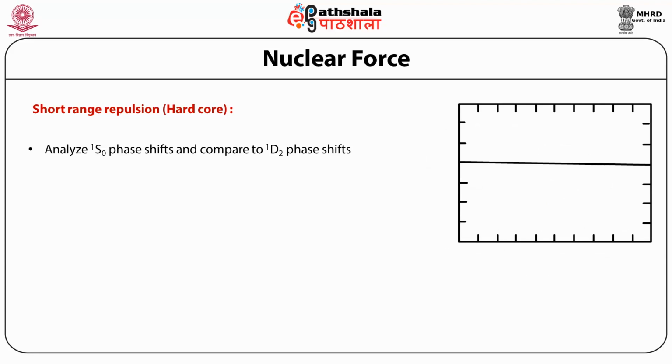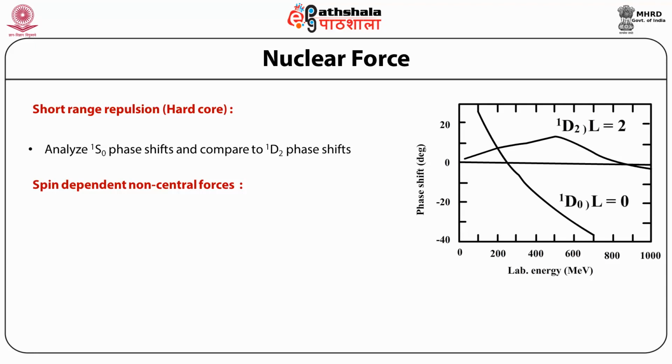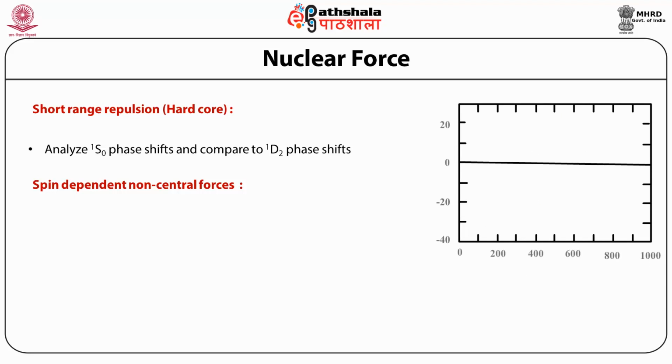Now another important property of nuclear force is spin dependent non-central forces. That means nuclear force is spin dependent. We know that all subatomic particles like protons, neutrons, and electrons have intrinsic spin. So depending upon the spin of the nucleons like protons and neutrons within the nucleus, the nature or the strength of the force varies.